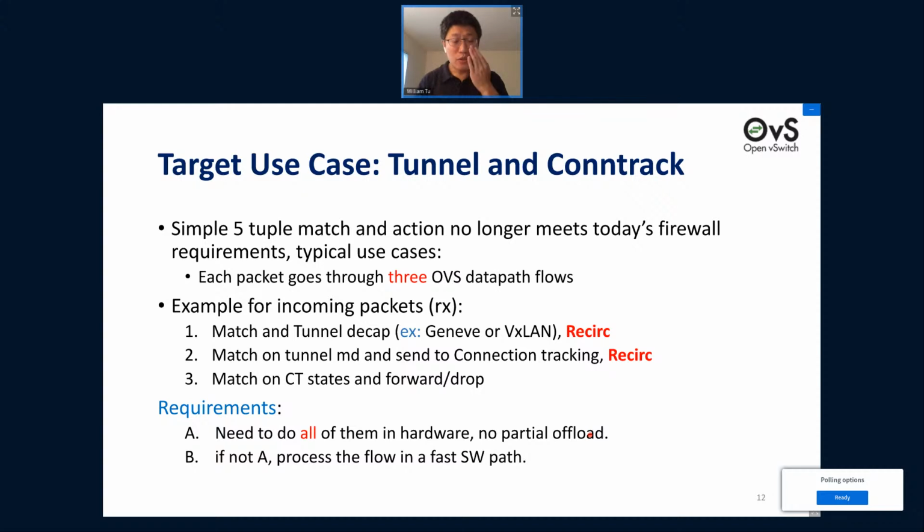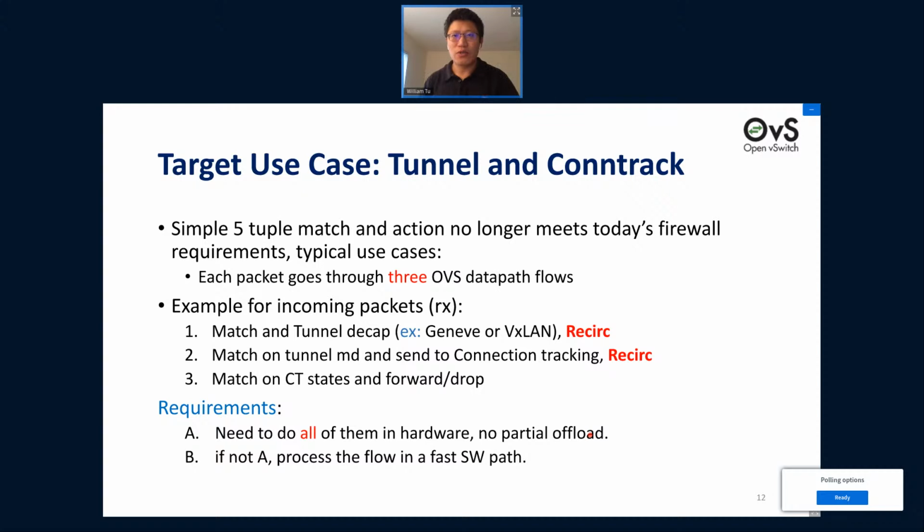So based on this use case, we have 2 requirements. Requirement A: in an environment where we have hardware that can do offload, we want to make sure that all 3 flows can be offloaded in hardware.